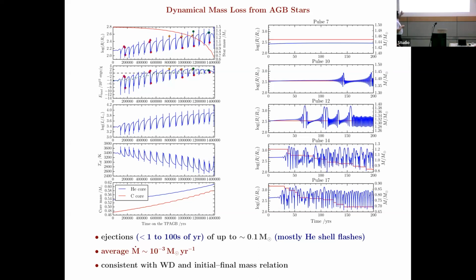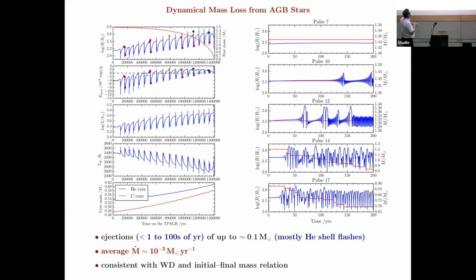Now, those details are all very interesting. The physics is not relevant for what I'm talking about today, but whenever you have these extensions, the stars go into this regime where the binding energy can be positive, where you can have ejection events just the way I described before. This is what we show here on the right panel. We show the evolution of the radius and the mass as a function of time during various pulses.